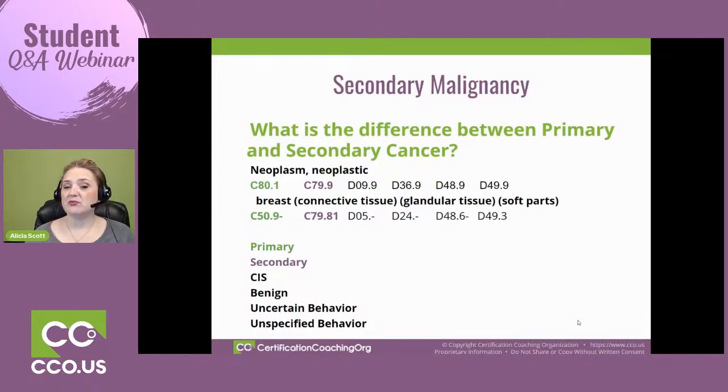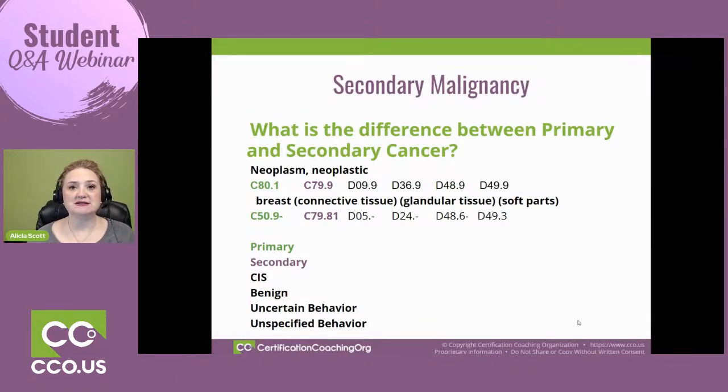Going back to primary, the little tip I wanted to give you is they start with primary, so the lower the number, the more likely it is to be a primary cancer. The higher the number, the more likely it is to be a secondary cancer. Now, where the cutoff is, I can't remember, but let's look at an example here.